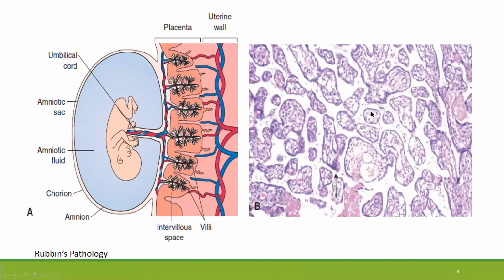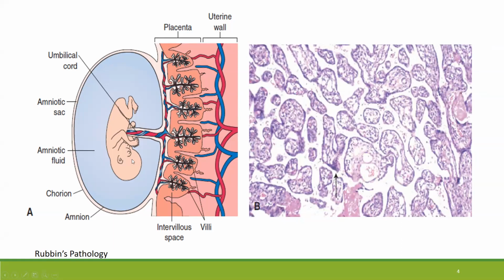The placental disc is composed of chorionic villi. We have the chorion that surrounds the baby, and we have the amnion on the inside that surrounds the amniotic fluid. Actually, the amniotic fluid is secreted by the amnion. So we have the chorion outside, the amnion inside.